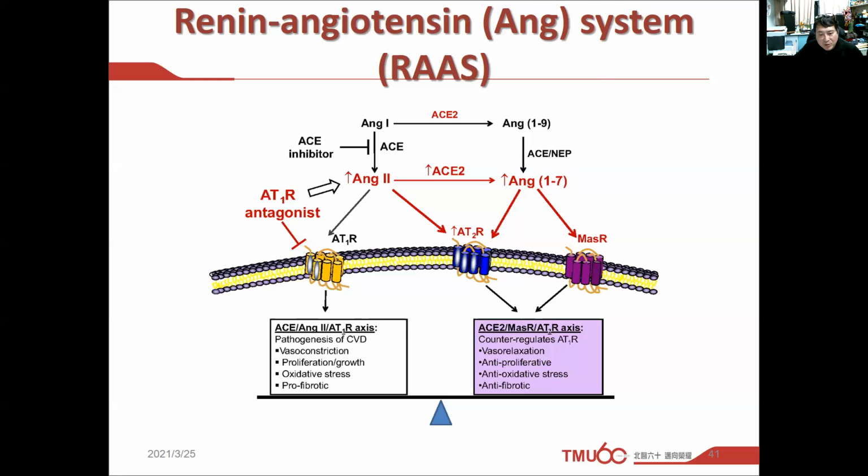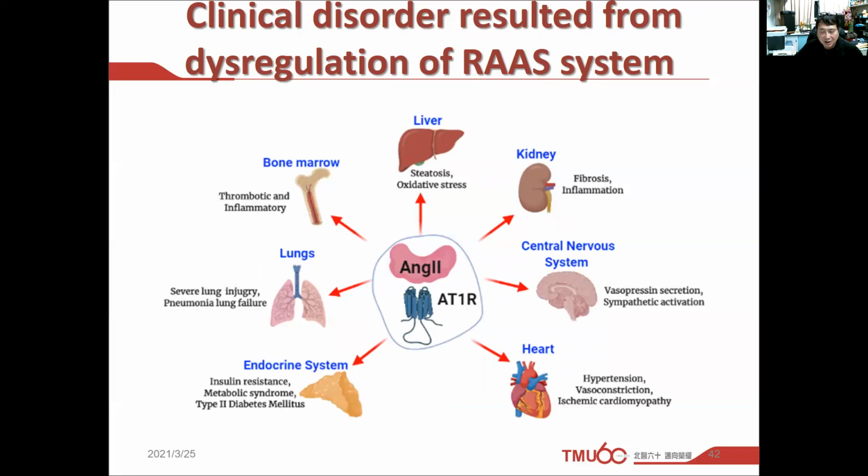So you can think about this: an imbalance or out of balance of angiotensin 1, angiotensin 2, and their receptors will cause a lot of disease or side effects in different organs.